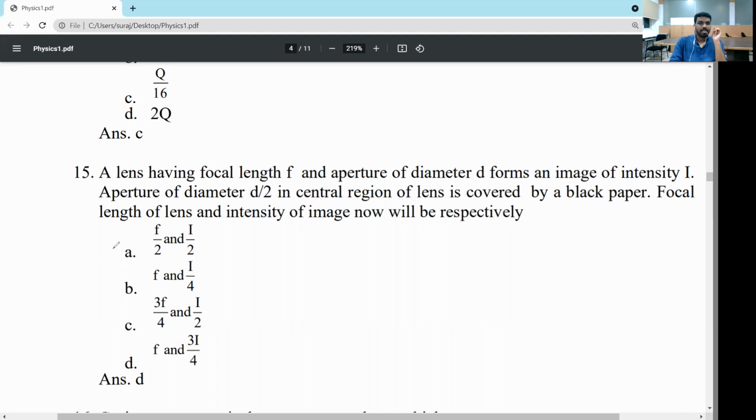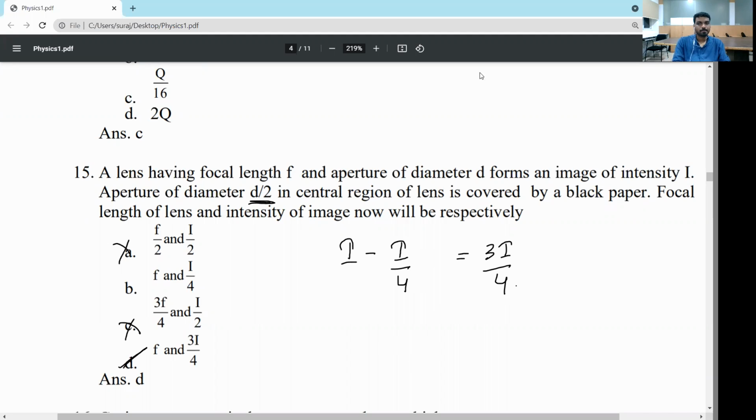So that means A and C are totally out. So either B is correct or D is correct. Now intensity they are asking, right? So d by 2 is covered, no? So I by 4 will decrease. Original intensity, I by 4 will decrease. So new intensity will be 3I by 4. So D is the correct answer.